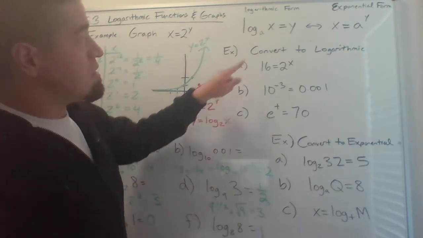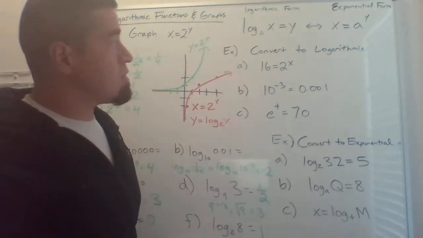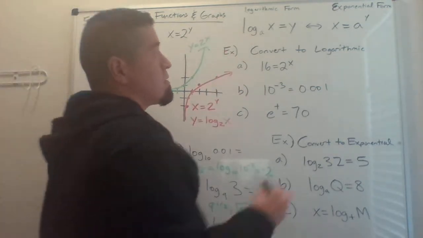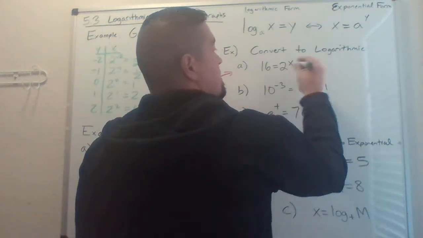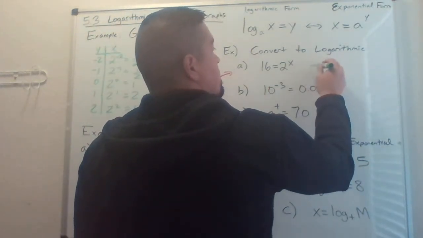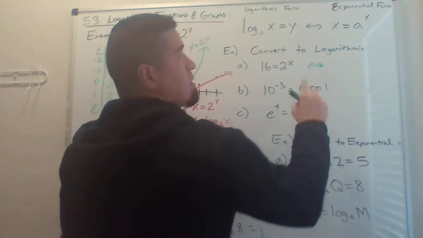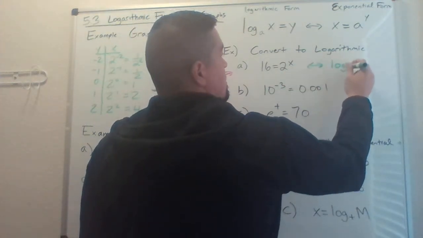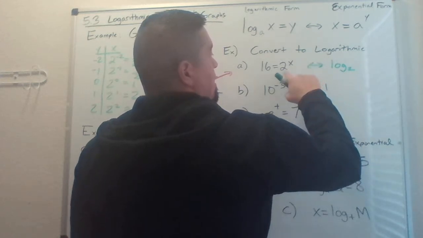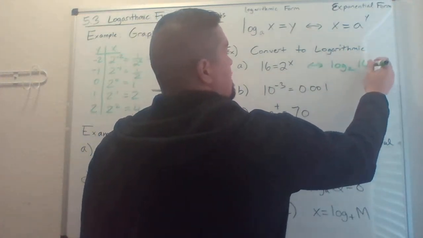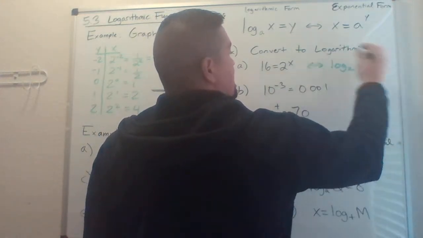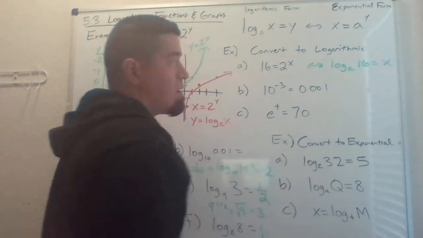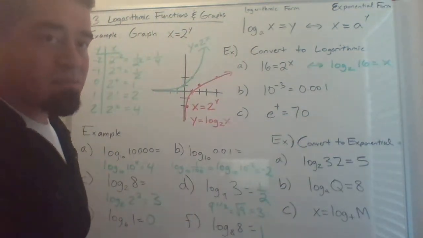So you'll get some questions that simply say convert to logarithmic form. Okay, so this is an exponential form. We're going to convert it to logarithmic form. I already know the base is 2, so I'm going to write log base 2 of 16, because my exponent is going to be what it equals. Okay, so it's just a matter of rearranging.